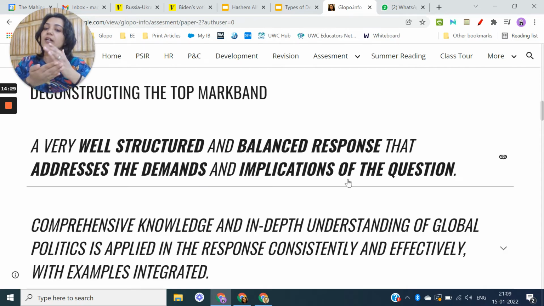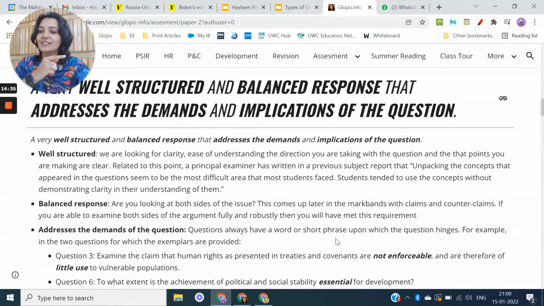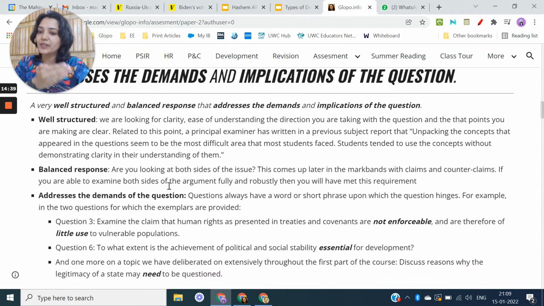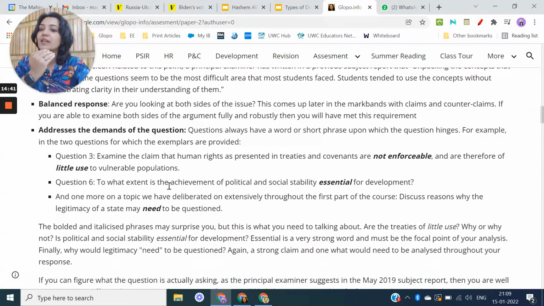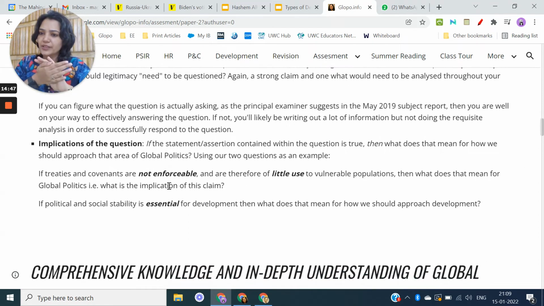Now, what does that mean? I'm not going to explain this one because I want you to read it. What do you mean by well structured? What do you mean by balanced response? Whether you have addressed the demand of the question properly or not. These are some of the words. Don't worry, I will tell you everything an examiner is looking for in your answer.